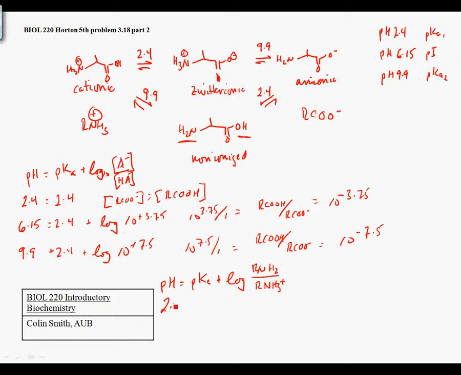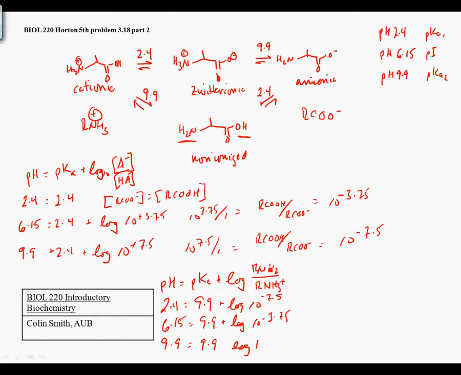So here at pH 2.4, the pKa of 9.9, that means this has to be a log of something quite negative, which is negative 7.5, and at 6.15, 9.9 must be the log of 10 to the negative 3.75, and at 9.9 the ratio of the two forms is going to be the log of 1.